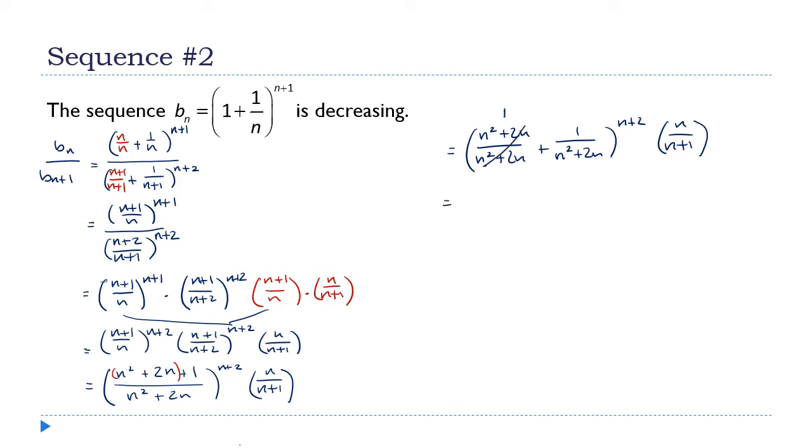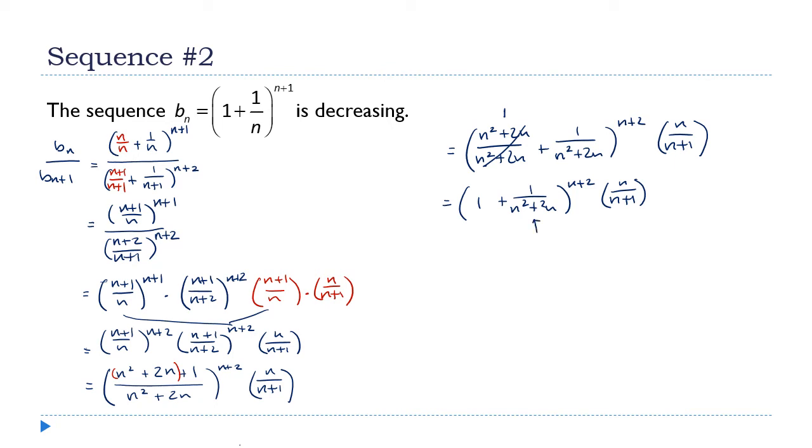And now it looks like Bernoulli again. (1 plus 1 over (n squared plus 2n)) to the n plus 2 times n over (n plus 1). Right? Now, this n squared plus 2n is in the place of the a, right?